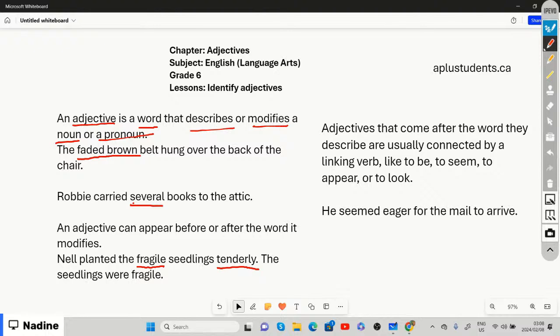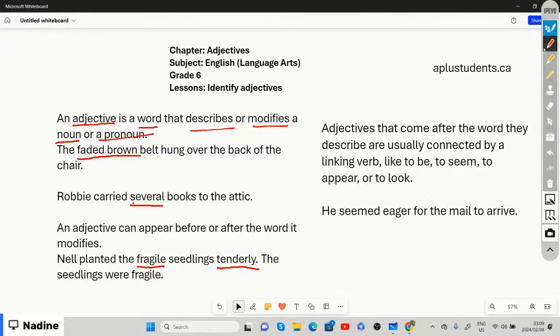And an adjective, right? All right, so an adjective, I'm going to start again. An adjective is a word that describes or modifies a noun or a pronoun.